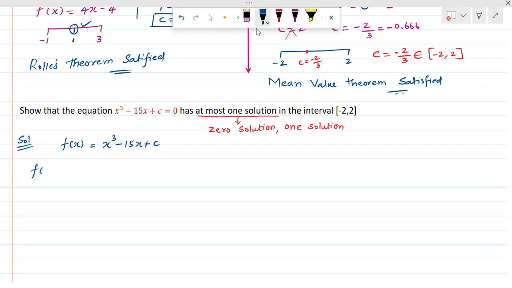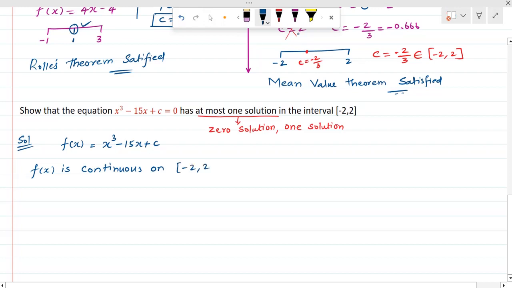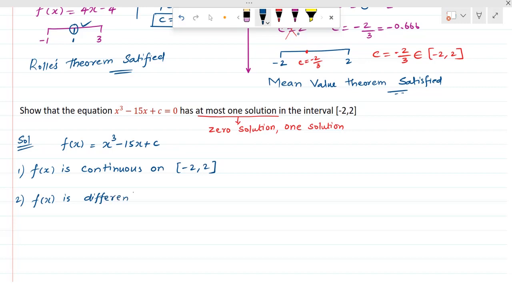Therefore, f of x is continuous on the closed interval minus 2 comma 2, and this is number one. Number two, f of x is differentiable on the open interval minus 2 comma plus 2.